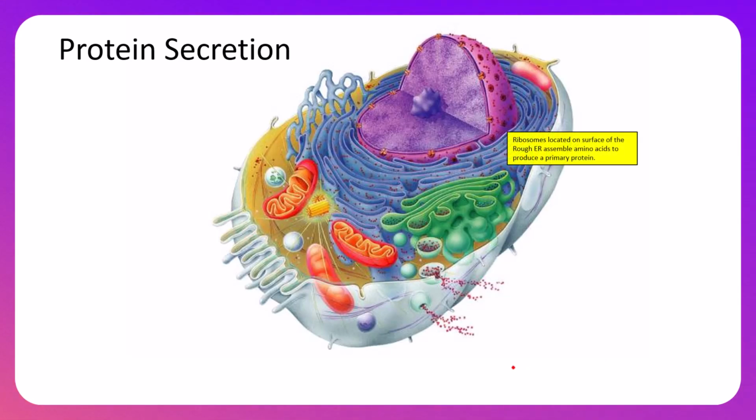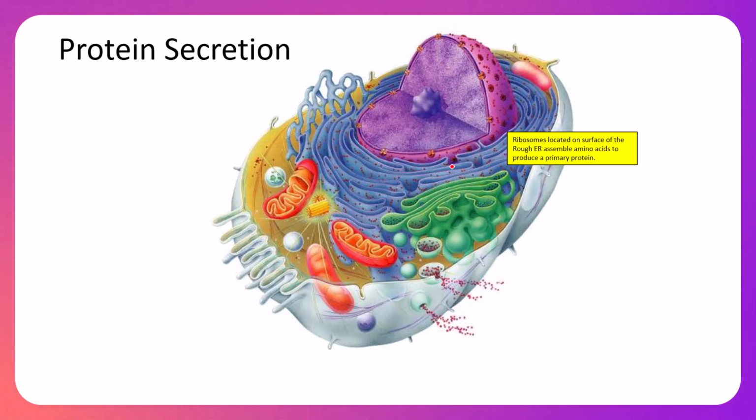And so the first thing that happens is the ribosomes, which are located on the surface of the rough ER, are actually going to assemble the amino acids into a primary protein structure. We've talked about primary protein structure in a previous video when we highlighted protein structure. Remember, primary proteins are just a single chain of amino acids. Once they are assembled, they're going to be immediately moved via a vesicle to the Golgi apparatus, which is in very close proximity to the rough ER.